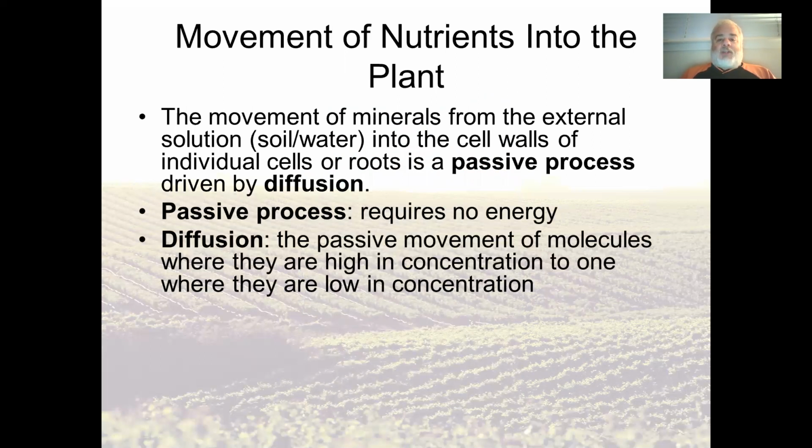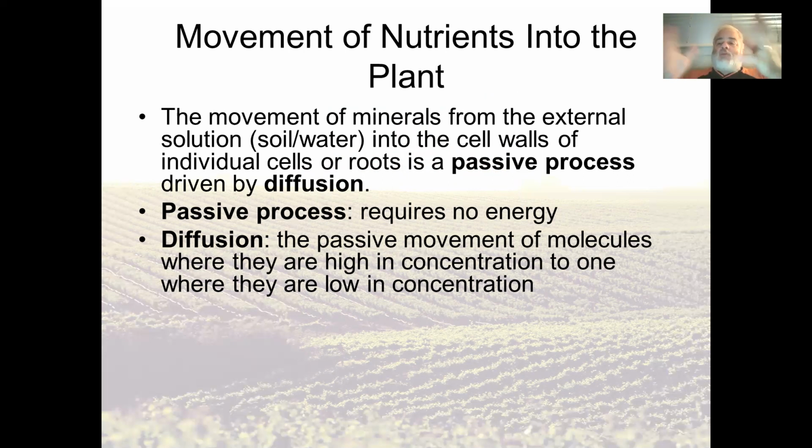The movement of nutrients into plants is a passive process by diffusion. When water is moving into the plant roots by osmosis, the nutrients are diffusing through the water, the soil moisture, and they move with the water.